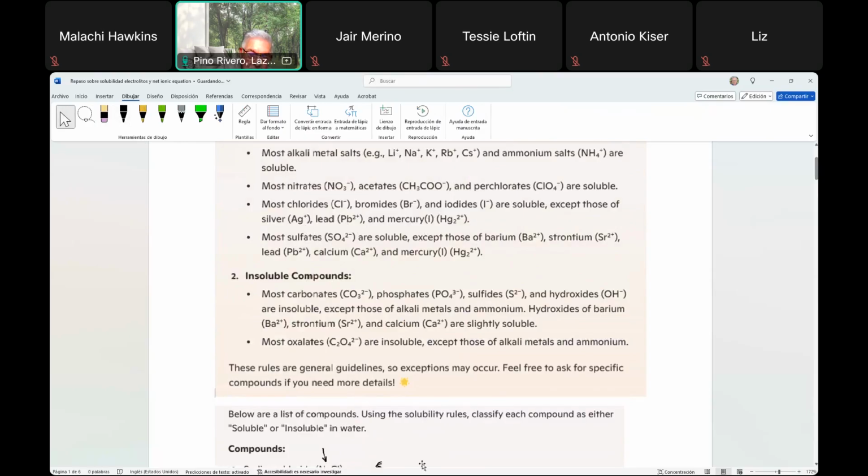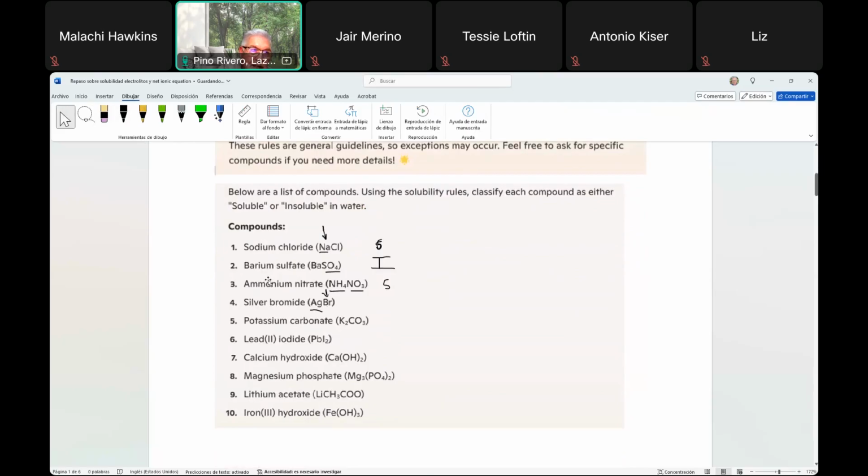Then this compound that you have here is insoluble. Okay? What about potassium carbonate? Well, you have here potassium. Every time you have potassium, sodium, you can say that it is soluble.